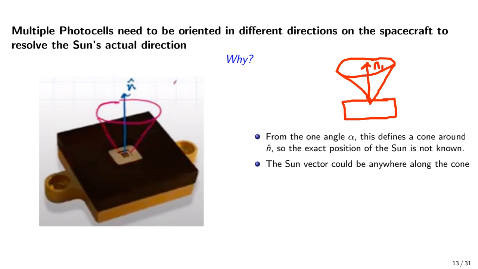I usually like green. This is photocell 2, and then you have the normal from there, not the best normal line to draw.